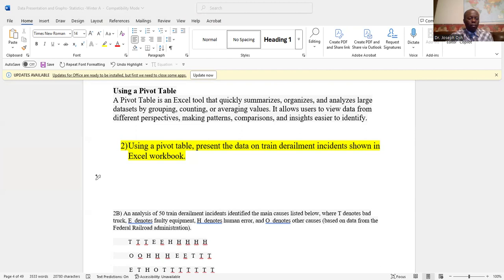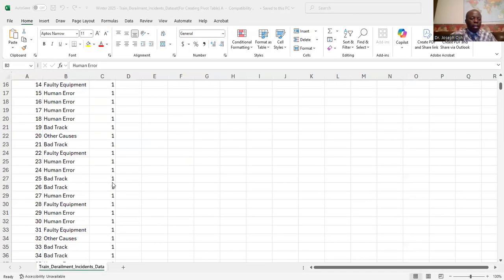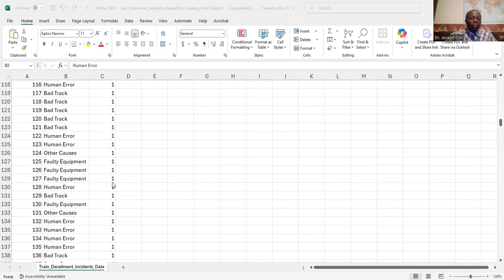Okay, that's it right here. I'm going to make it a little bit bigger. Good. You can see this data set is very large. Unlike the one we did before. Look at this, it's large and it's organized.